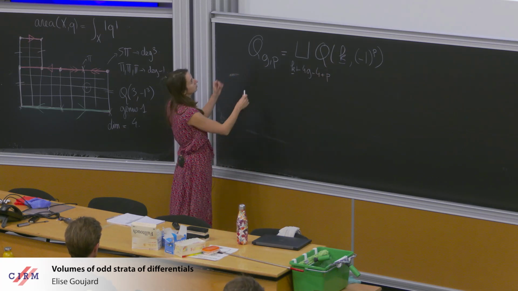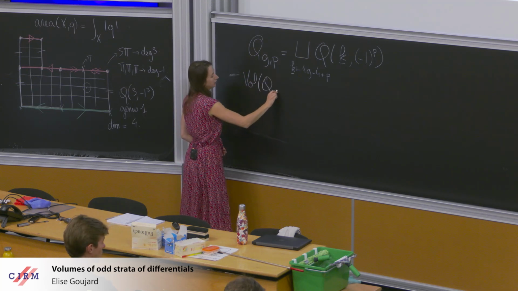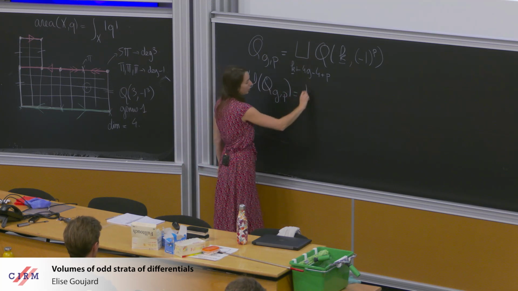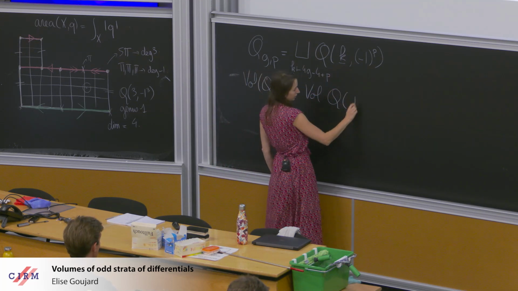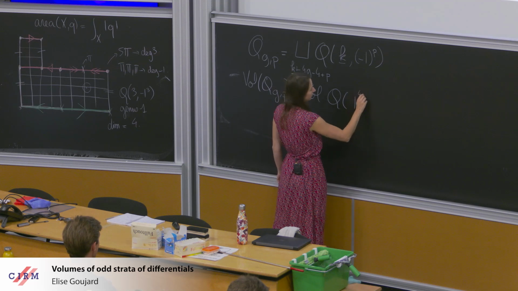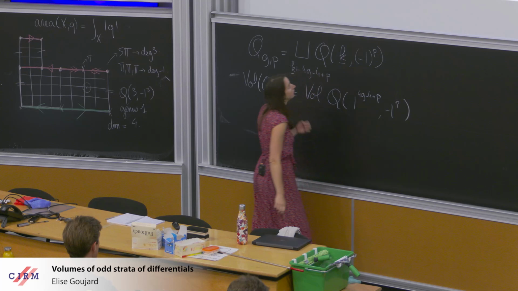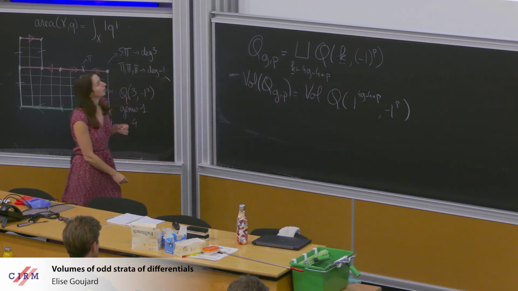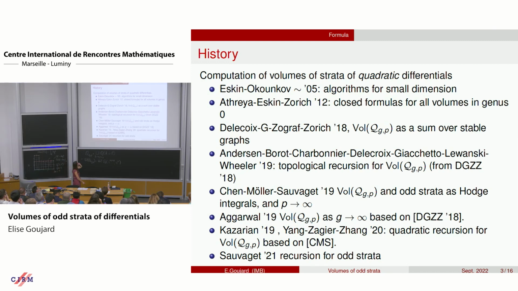And when I talk about the volume of QGP, it's actually the Masur-Veech volume of the principal strata, so the one having only simple singularities. Okay, so I will present a similar formula for all strata.